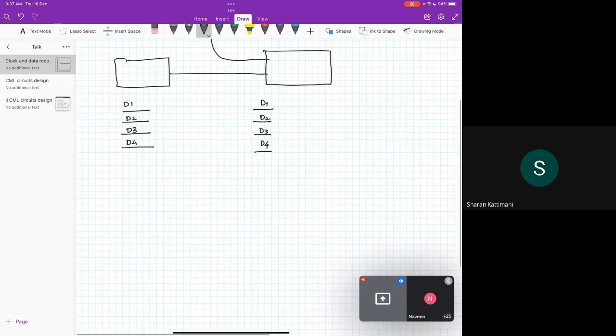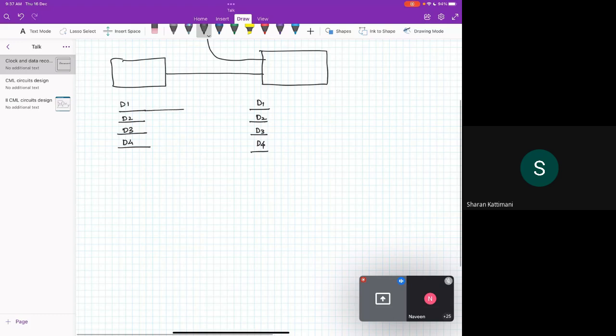But if you try to send it directly by connecting all of them, then it will unnecessarily take a lot of space, because you need to put a lot of metal lines.